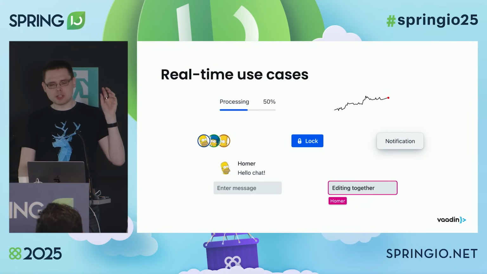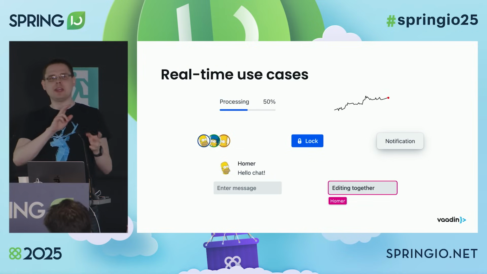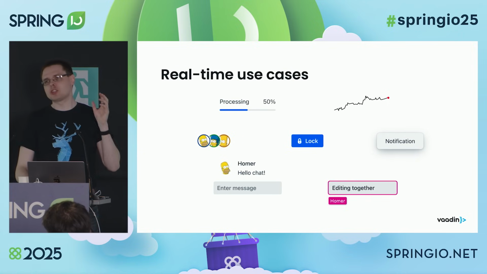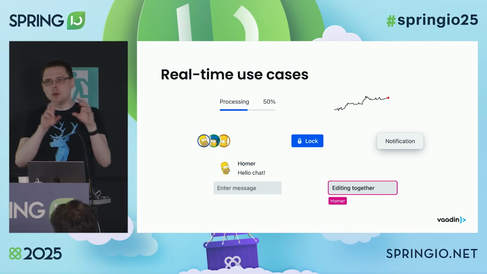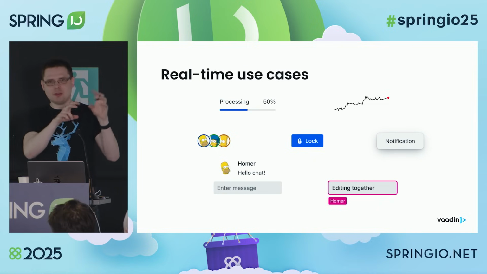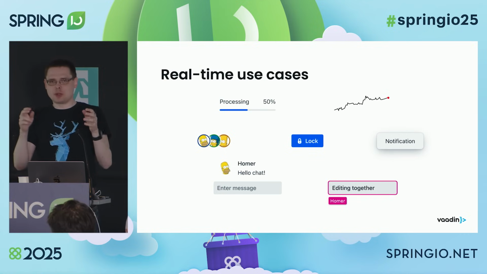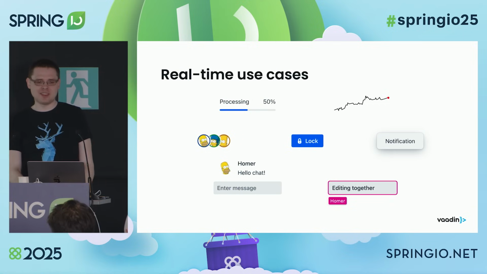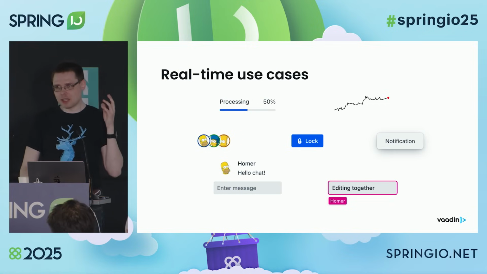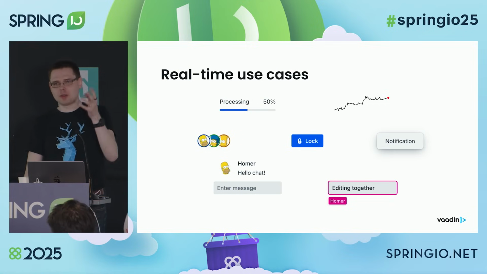Then on the second row, we're getting to more interaction between humans. So one thing is just to see who else is active in this application working on the same part. In a chat, it could be just who is present in this channel or things like that. We got locking, which is kind of the opposite.